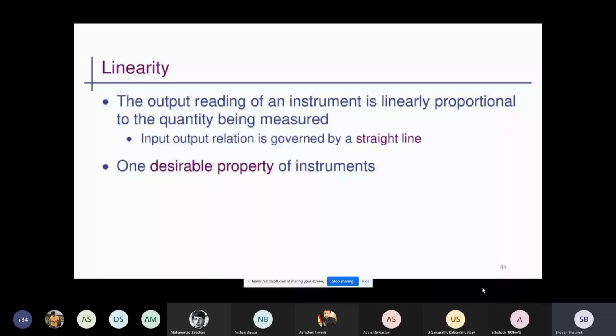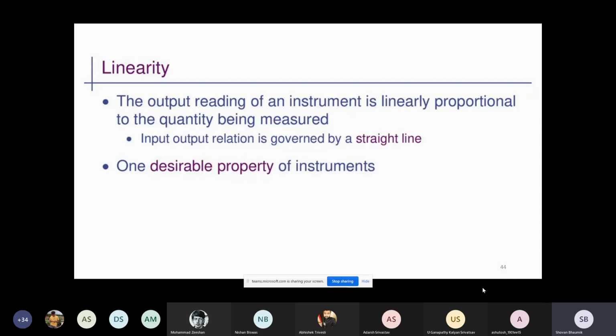The next thing you need to know is whether your instrument is linear or not, and it is a very, very important characteristic. If you get a linear instrument, you must choose it, because linearity is a simple relationship. If you need to know the measured quantity, you just take the output and multiply it with something, always the same, that is the slope, and you will get the result.